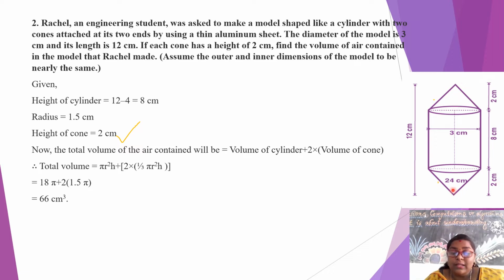So if you find the volume of two cones plus this cylinder, we will get the overall volume of this model. So here we are going to substitute: volume of the cylinder, pi r squared h, plus 2 into volume of the cone, 1 by 3 pi r squared h.